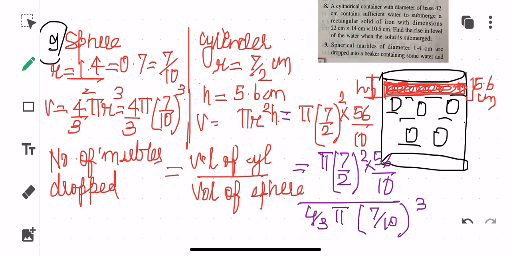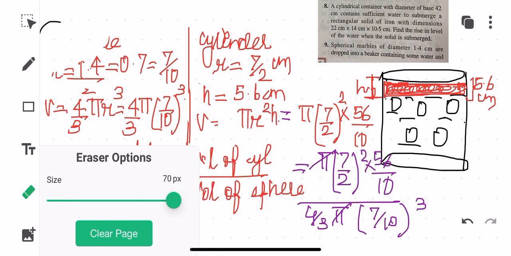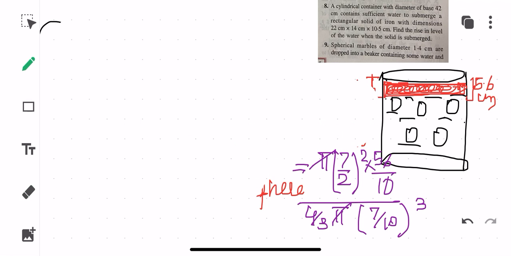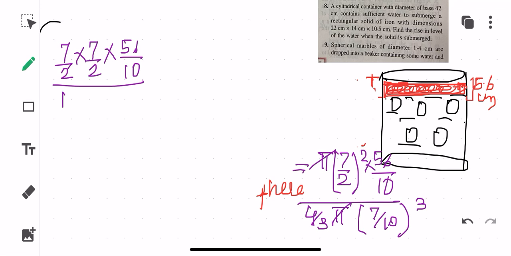Here you can see, as of now I can cancel out pi. The rest of the calculations I'll be doing now. It's an easy one, children. Most of the things are going to get cancelled out. So we are getting here (7/2) square, so 7/2 into 7/2 into 56/10, divided by, in the denominator, 4/3 into 7/10 into 7/10 into 7/10.